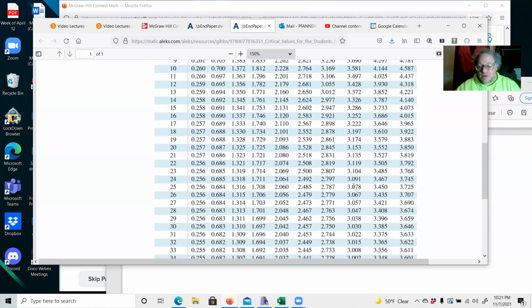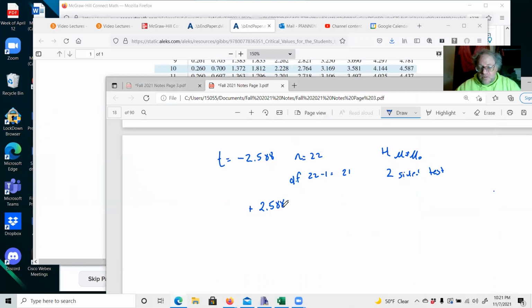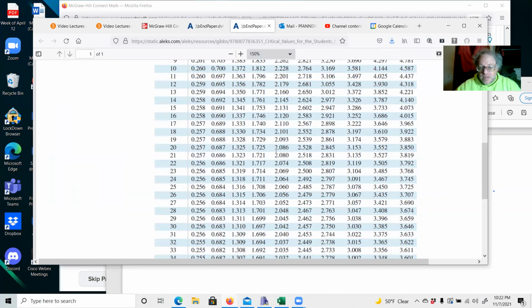We're going to find two numbers that are around 2.588. It looks like 2.588 is between 2.52 and 2.83. It's somewhere between these two values. Do you see that? It would be way bigger than this one, but it is between these two values.